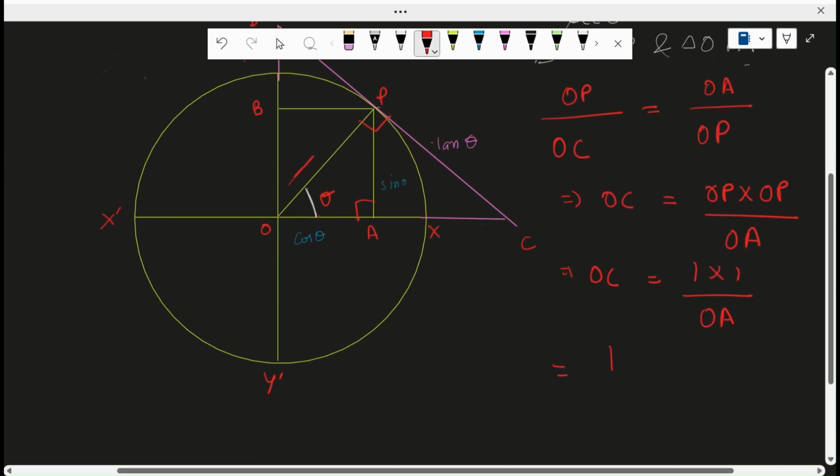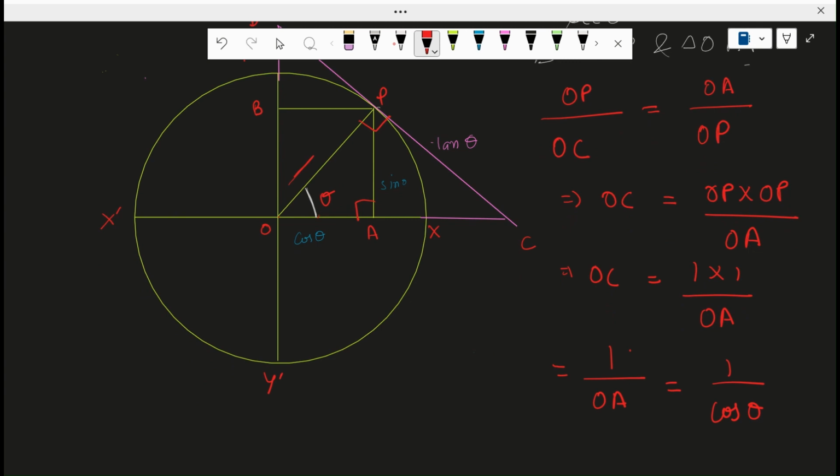Now, what is our OA? OA is simply cos theta. Therefore, the value of secant theta is equal to 1 over OA. From here, what we get, the value of secant theta, that will be OC, and this will be inverse of cos theta.